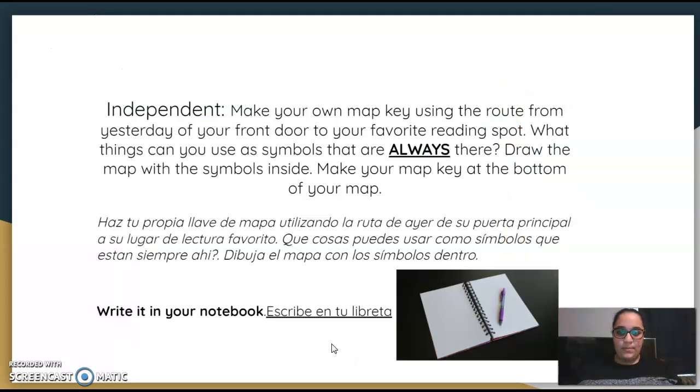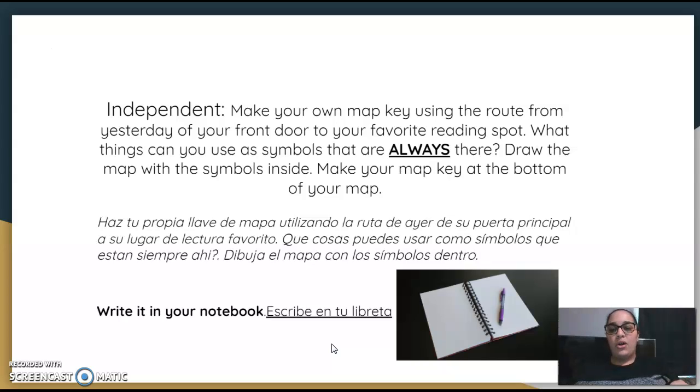So, today what you're going to be doing in your notebook is making a map key of your own, using the route from yesterday of the map from your front door to your favorite reading spot. Now I know a lot of you love your reading spot. So I want to know that if I walk through your door and I wanted to find your reading spot, what things can you use as symbols that are always there to help me get to your reading spot?